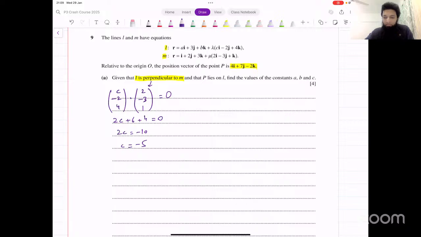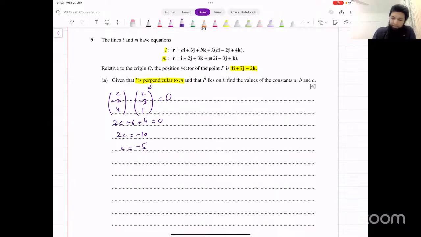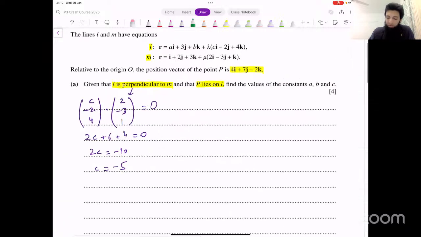Okay. Now it says P lies on L. What does that mean? The point P lies on this line L. If P lies on that line, that means it should satisfy its equation, right? If we input the point P in that equation, it should be satisfied.